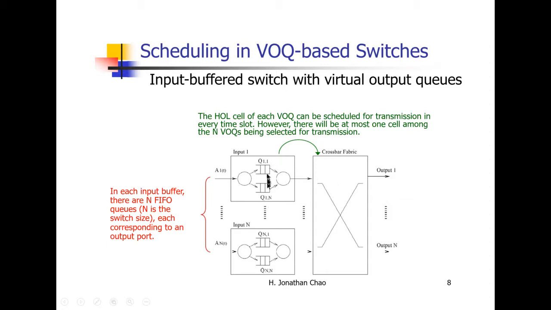So if you have different cells here, you have to choose one, but also for each output you can transfer only one cell. So for example, for output 1 you have a buffer in the input data structure 1, a buffer in the input data structure 2, and so on and so forth. So potentially n cells that are contending for output 1.